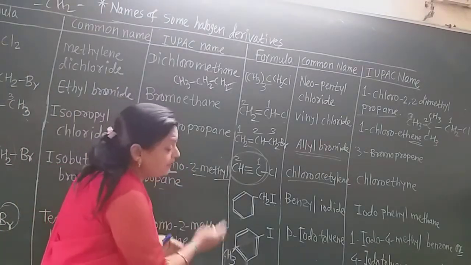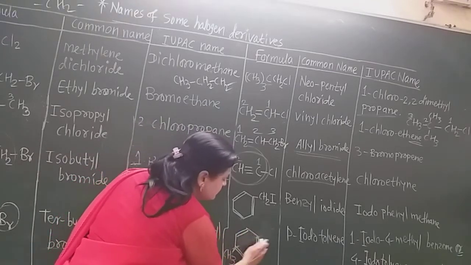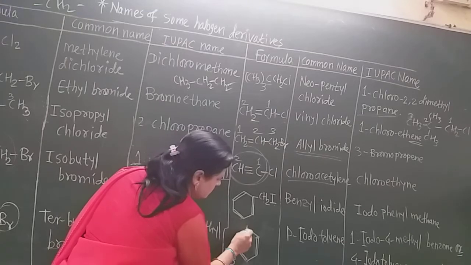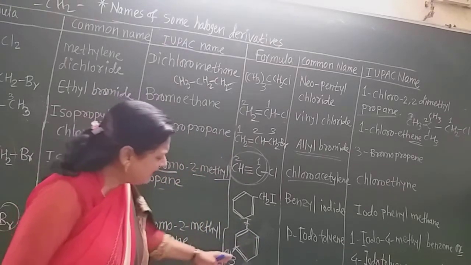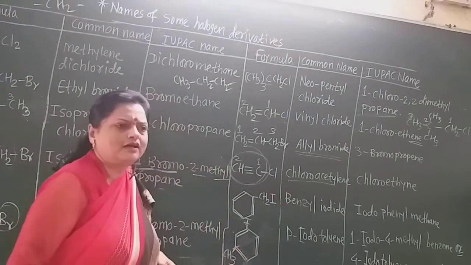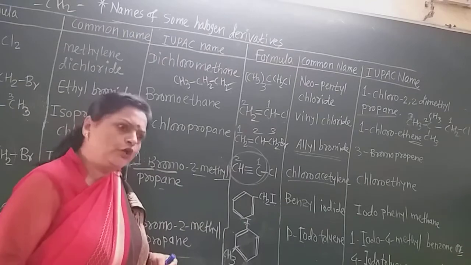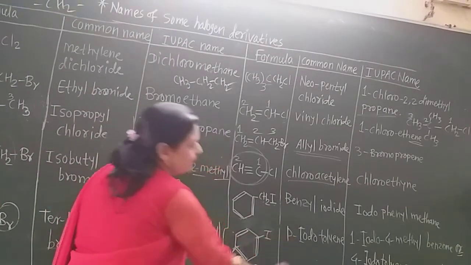This is para iodotoluene. Suppose this iodine is here. What will be the name? Meta iodotoluene. If iodine is here or here, ortho iodotoluene. You can write such names. This is para iodotoluene.